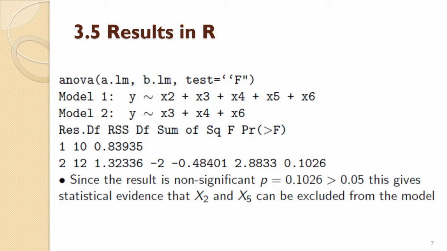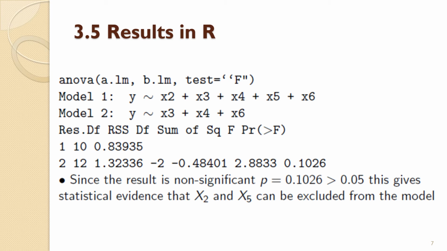The results in R look something along the lines of this. The key thing you need here is just the p-value at the very end, which is 0.1026, which is bigger than 0.05.